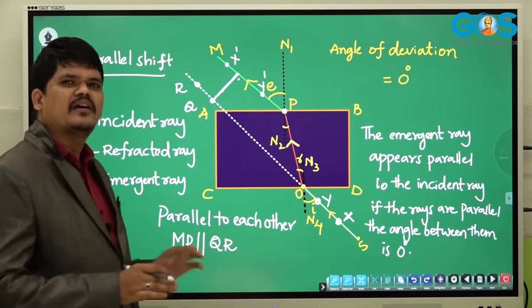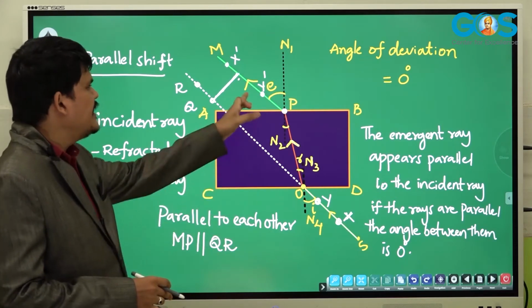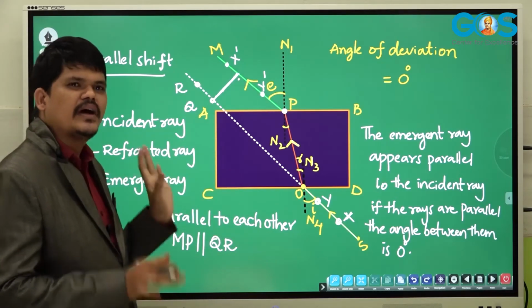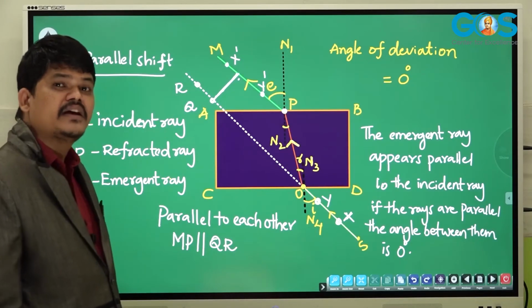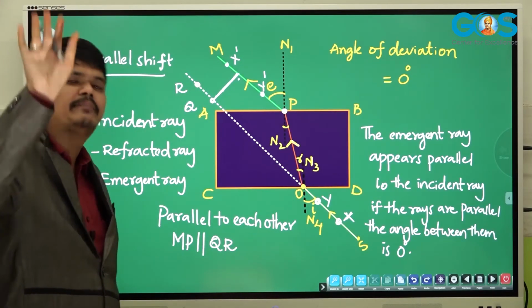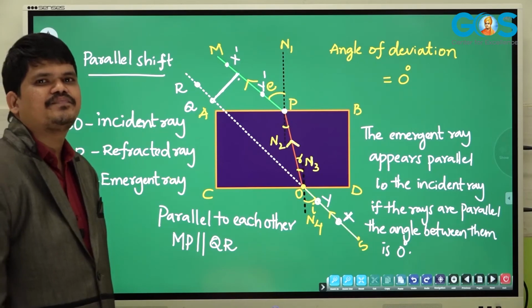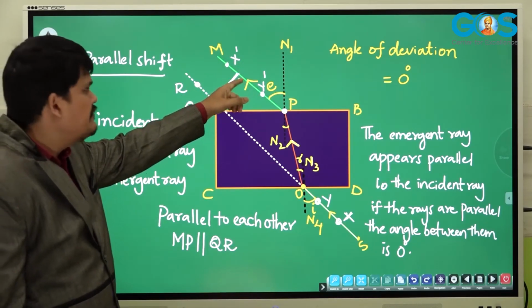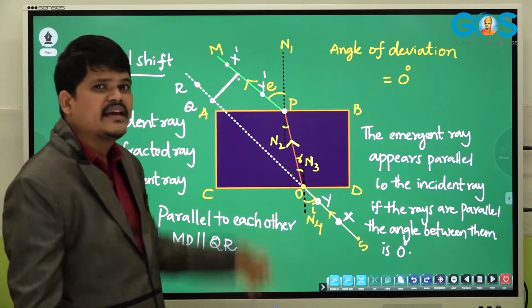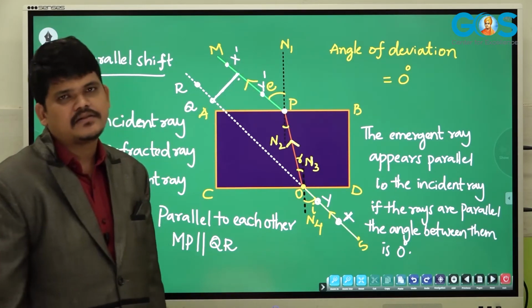If you see from the outside, you can't keep the image positions. You have to see through the slab from the same side from which you initially kept the pins. The pins' image positions we mark as X dash and Y dash.